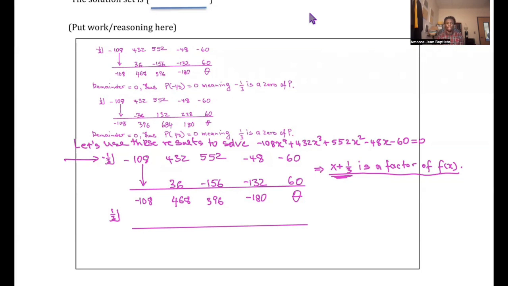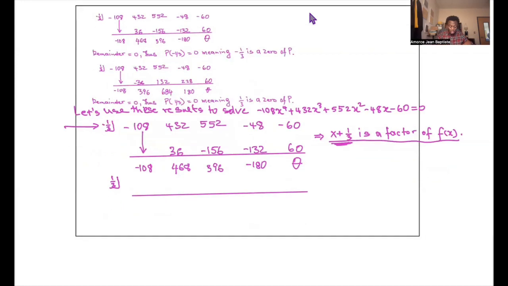So that's why I'm going to perform the division for 1/3 with the results I had for the division for negative 1/3. I know already that 1/3 is a factor, but I just want to find the remainder trinomial that will be factored with both of these factors.